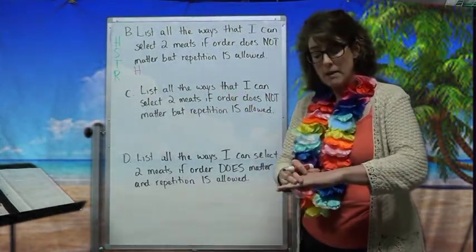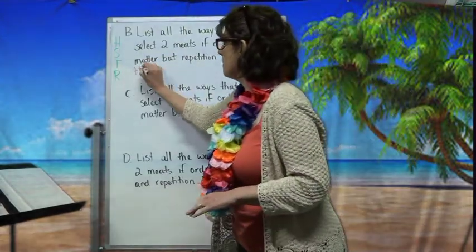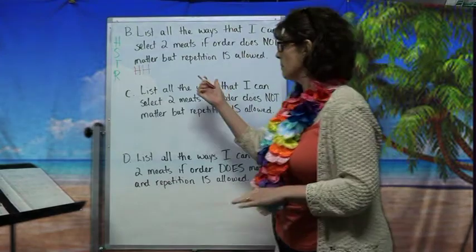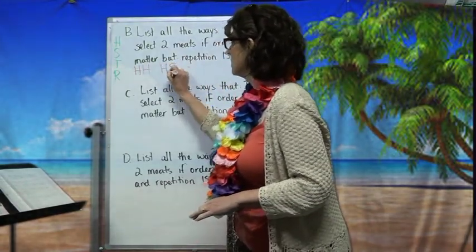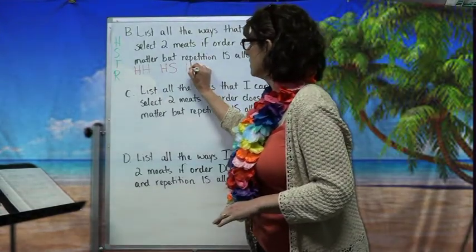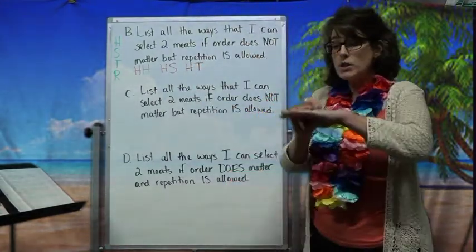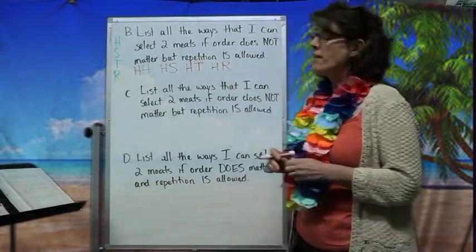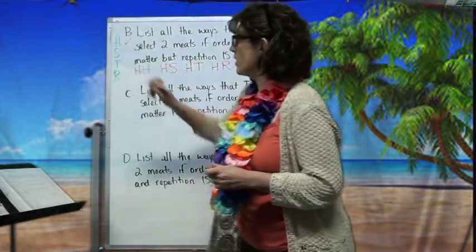So I can choose ham, and then I can double that meat and do ham, ham. Or I could choose ham, and then I could select salami. And then I could do ham and say, let's pick turkey with that. And I could say, well, let's choose ham and let's add roast beef to that. So I have exhausted all the options here with ham.